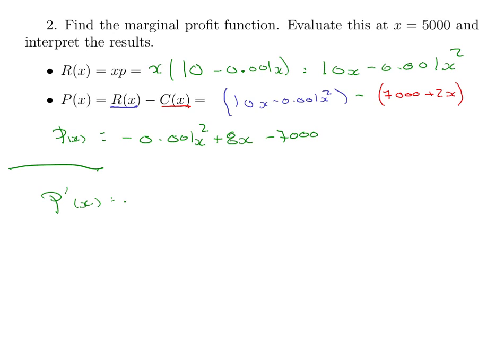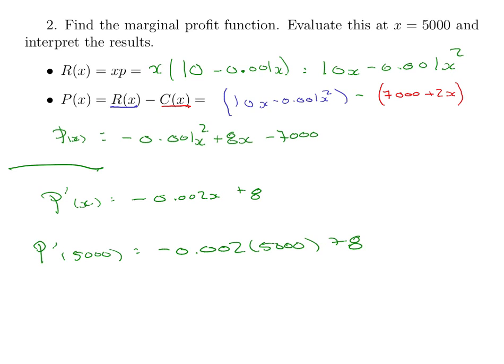Okay. If you haven't done it, go back and do it. But this is what you should end up with: negative 0.002x plus 8. Now, if we want to evaluate this at 5,000, we're going to say, all right, what's P prime of 5,000? Meaning we're looking at negative 0.002 times 5,000 plus 8.